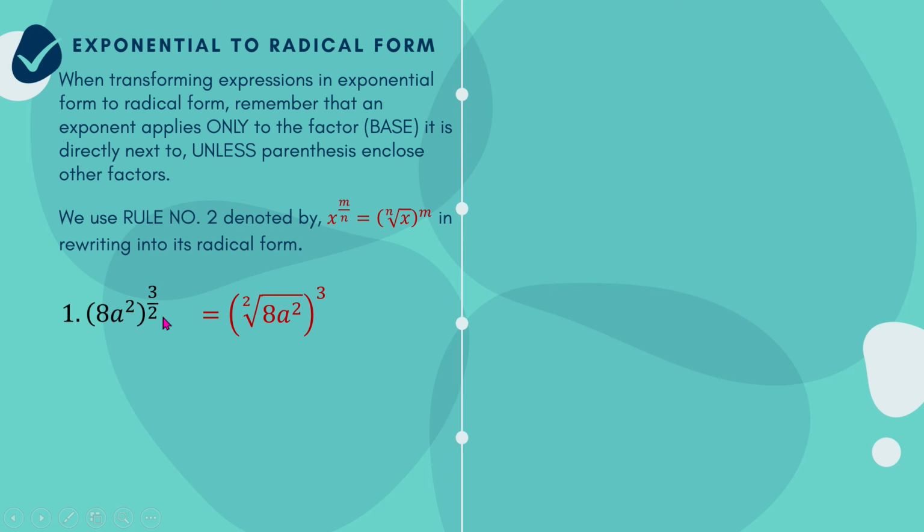Our index is 2 since our denominator is 2. The radical symbol contains 8a square, and the exponent is 3 since our numerator is 3. That is how we rewrite from exponential to radical.